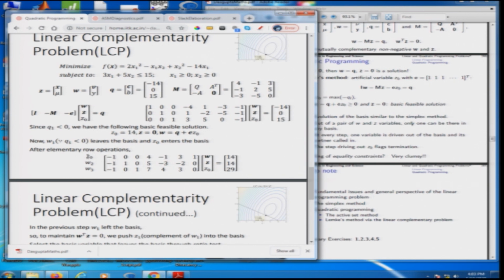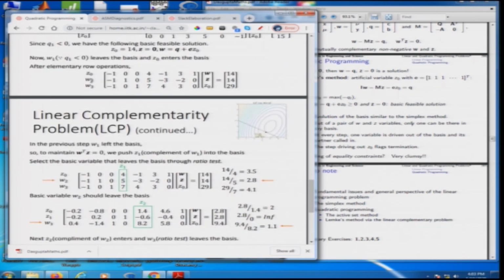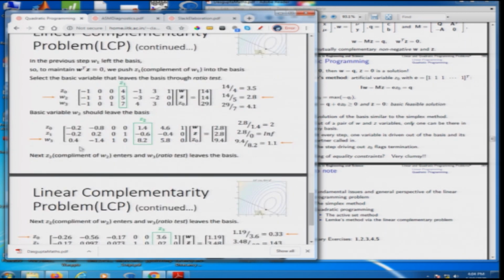And in the first round z0 came in, it drove out w1. So, then we bring in z1 through this step and you will find in this step w2 goes out. Okay. And then since w2 went out, we bring z2 in and z2 drives out w3.